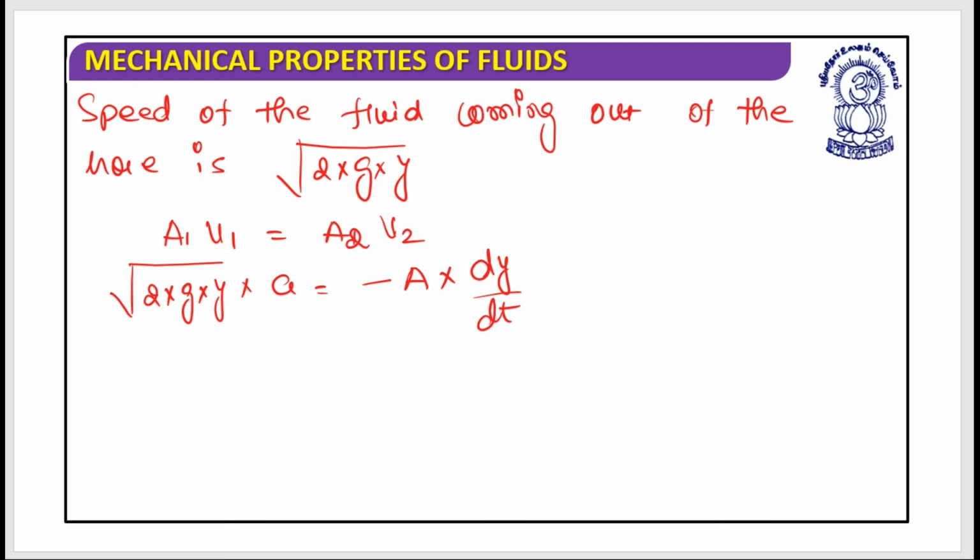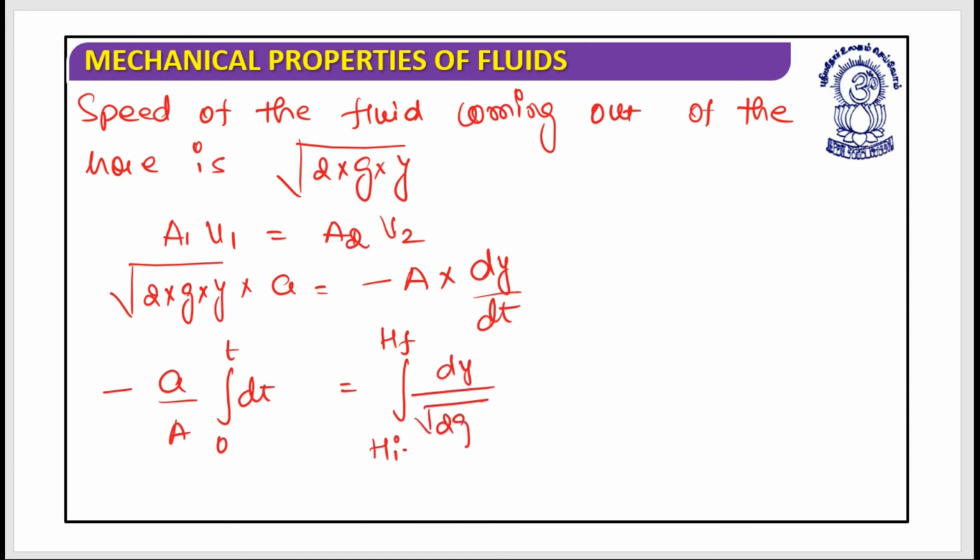So it would be minus A by a, integral from 0 to t, dt. I have rearranged this to be equal to the integration from h initial to h final of dy divided by root of 2 into g into y.